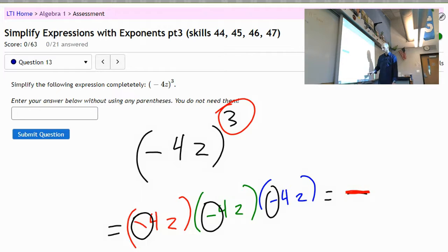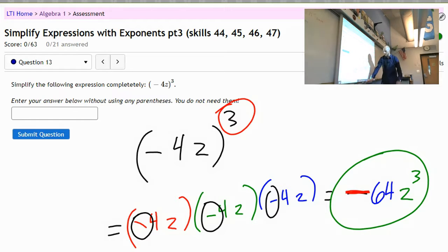That was just the negative signs. Let's do the numbers. 4 times 4 is 16, times 4 again, 64. Whoops. 16 times 4 is 64. And then let's do the z's. Z times z times z, that's 3 z's being multiplied together, so z to the power of 3. Negative 64 times z to the power of 3.